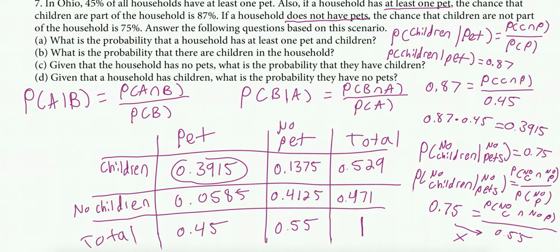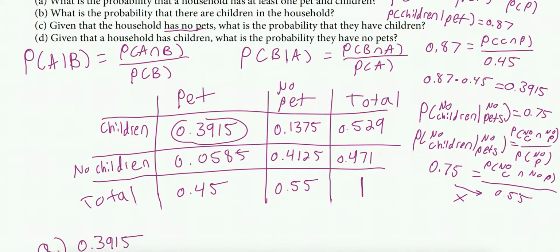Let's look at C. This is where it gets a little bit more difficult and why there's two different ways of representing these formulas. So, this formula and this formula. So, given that a household has no pets, so that once again, there's our given. What is the probability that they have children? So let's come down here and write this down.